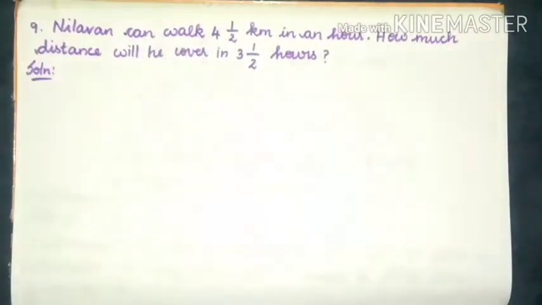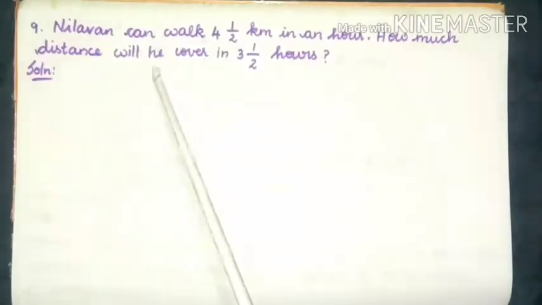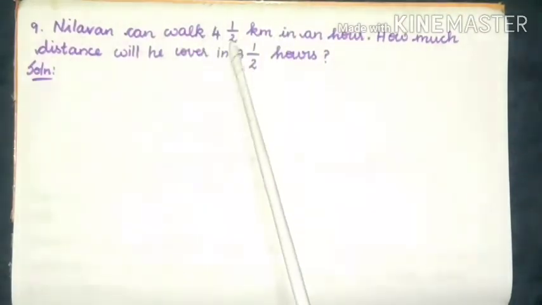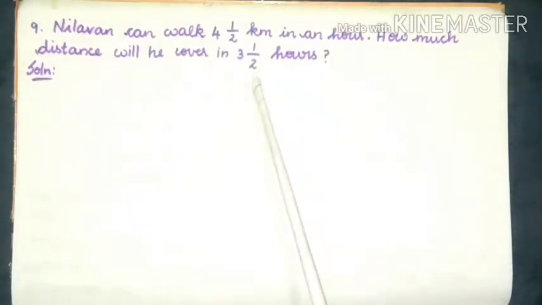Ninth sum. Nilavan can walk 1 by 2 kilometer in an hour. How much distance will he cover in 1 by 2 hours? For 1 hour he covers 1 by 2 kilometer. We have to find it for 1 by 2 hours.